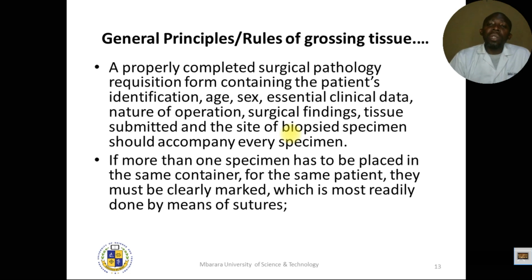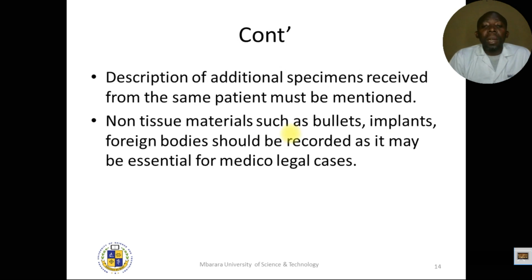So the surgeon or the person collecting these samples, the biopsies, can actually mark them out and they can be easily identified. So description of additional specimens received from the same patient must be mentioned, just in case there is any. You don't just put and bring, but it should be written clearly.